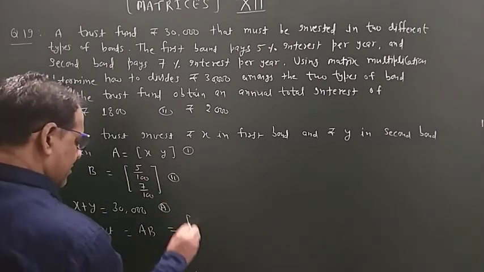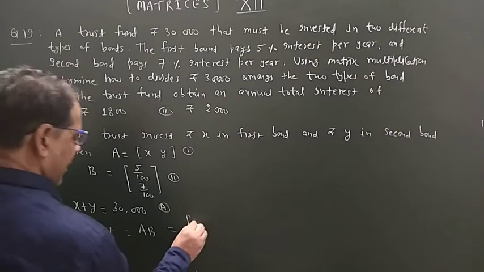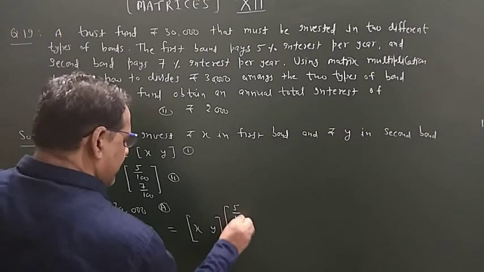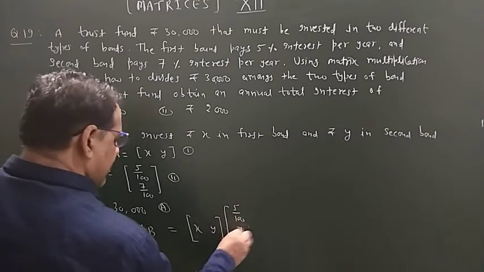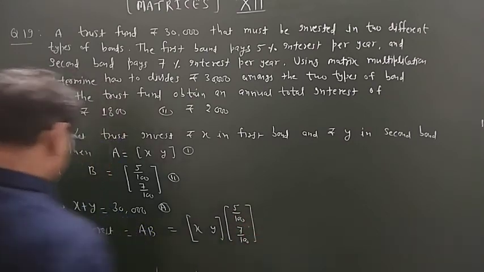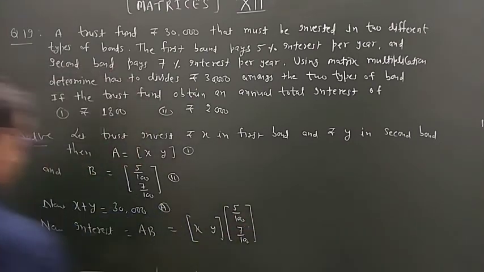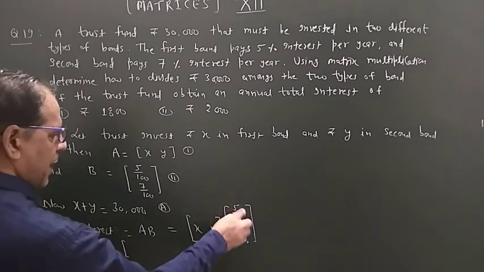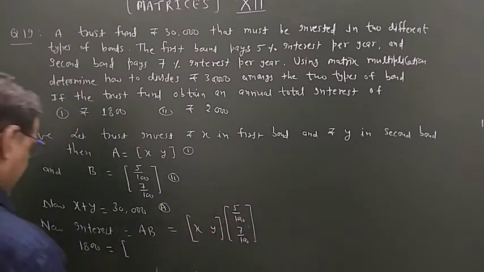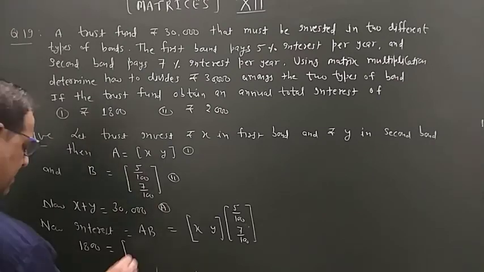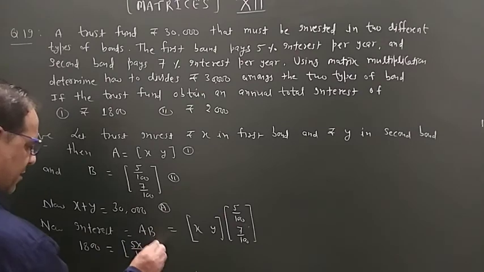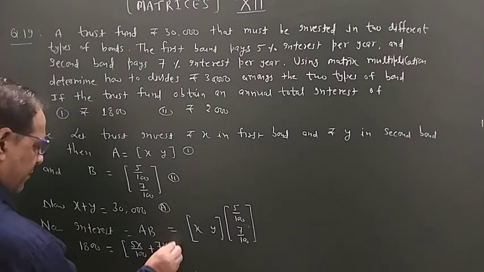So now this is written as X, Y, and the second matrix 5 upon 100, 7 upon 100. 1800 equal to, when we multiply X with 5 upon 100, this becomes 5x upon 100 plus 7y upon 100.